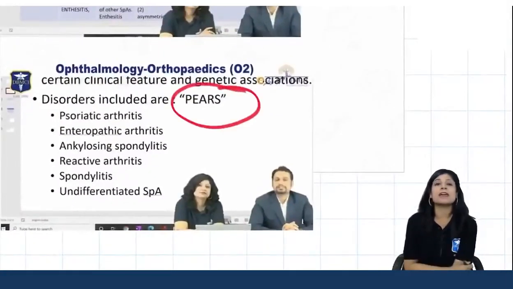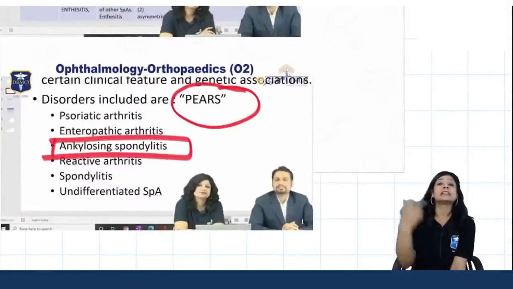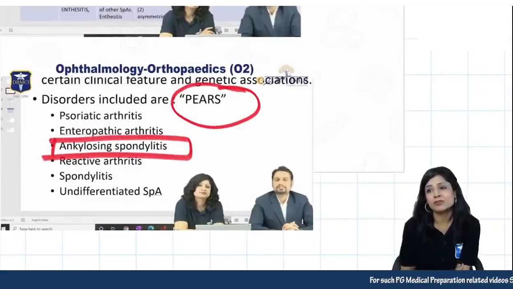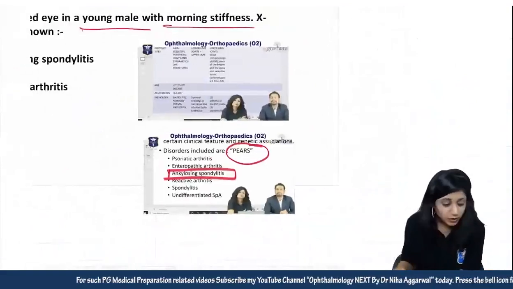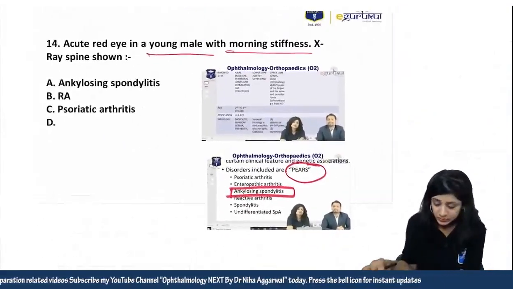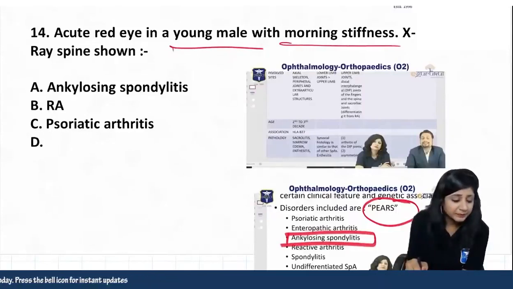The mnemonic was PEARS, and that had ankylosing spondylitis: young male, spine involvement, sacroiliac joint involvement. What are you going to think? So what will be the answer? The answer is very clear cut here.